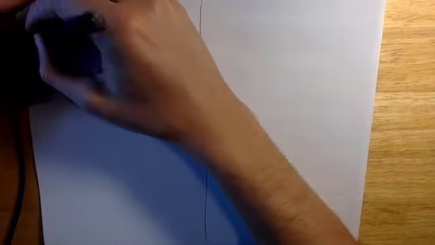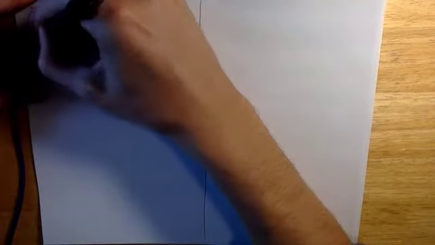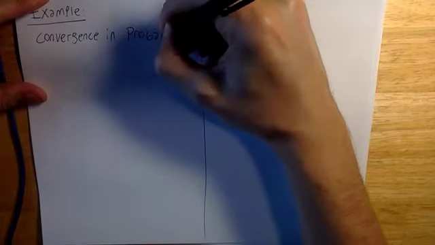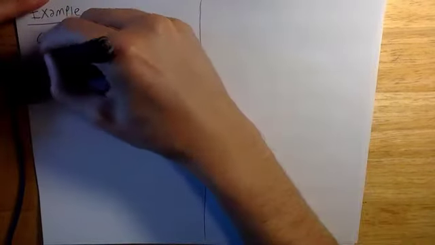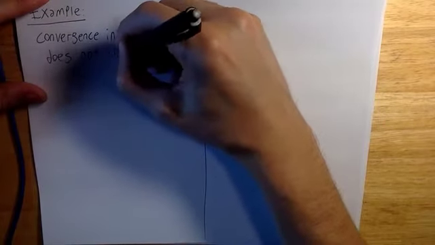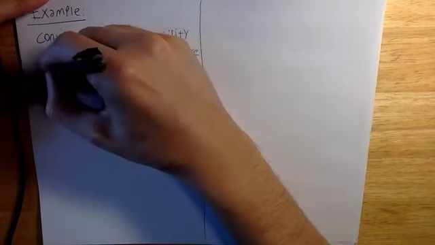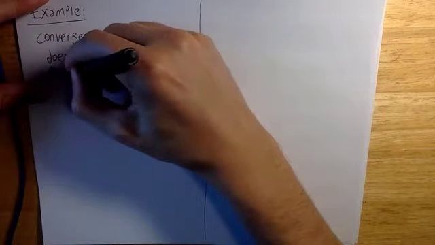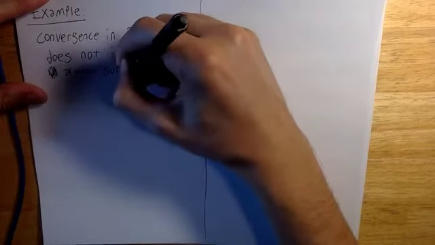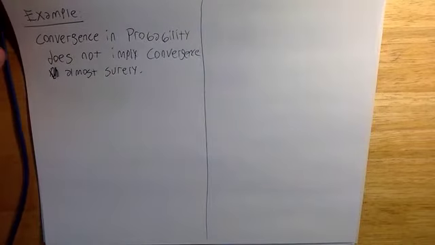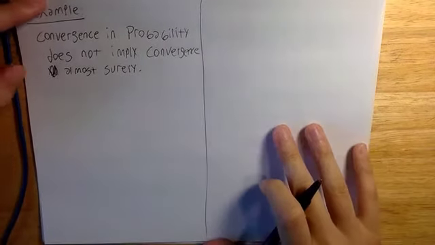Example: almost sure convergence, convergence in probability does not imply convergence almost surely. And here what we're going to consider is the following.